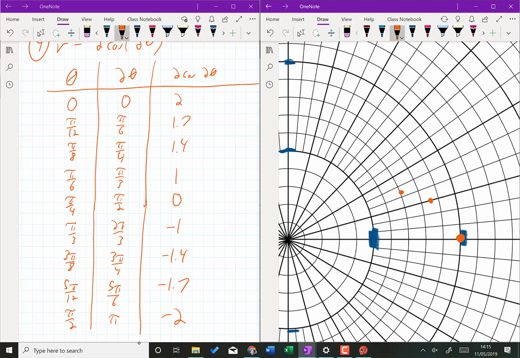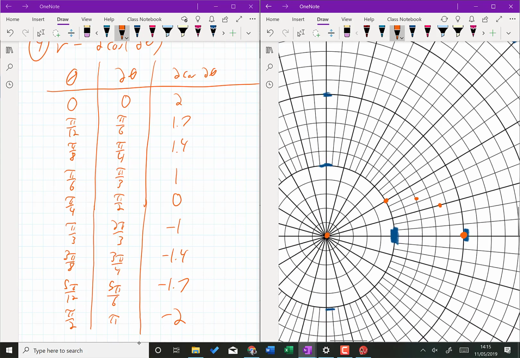Then pi over 6, 1 is right here. Then pi over 4, well, I said anytime you see a radius of 0, you're back down. Then pi over 3, negative 1, this is going to get a little tricky.